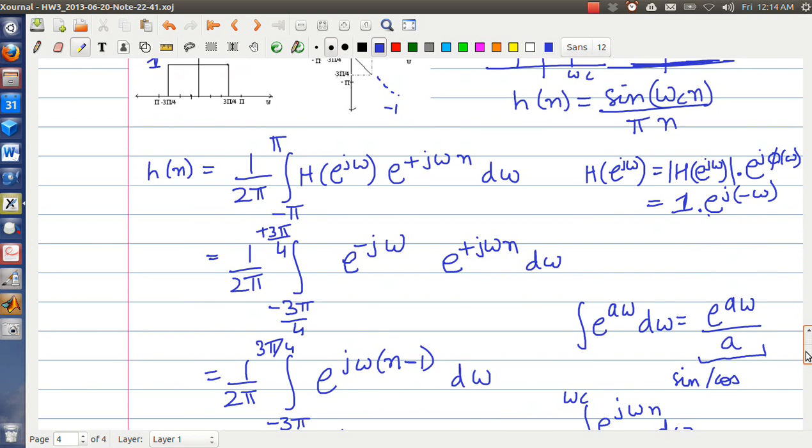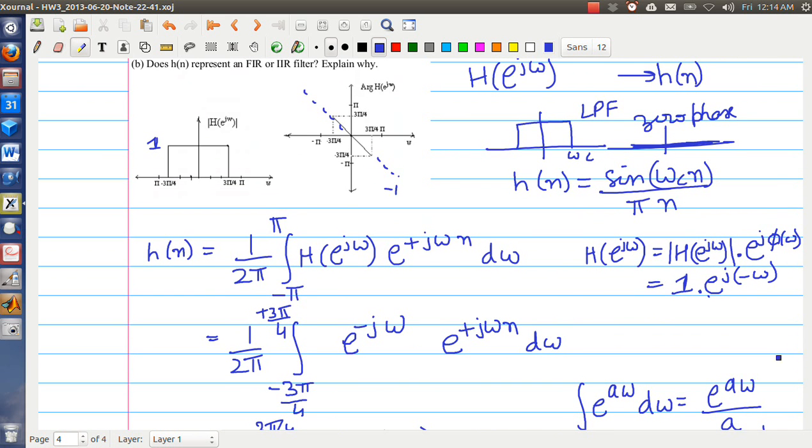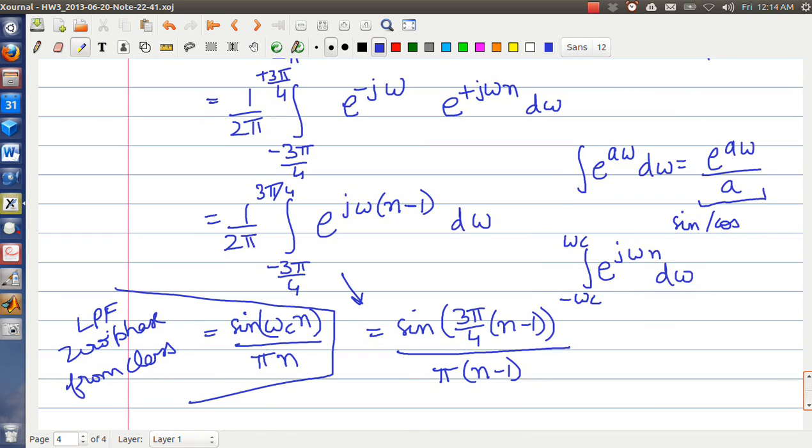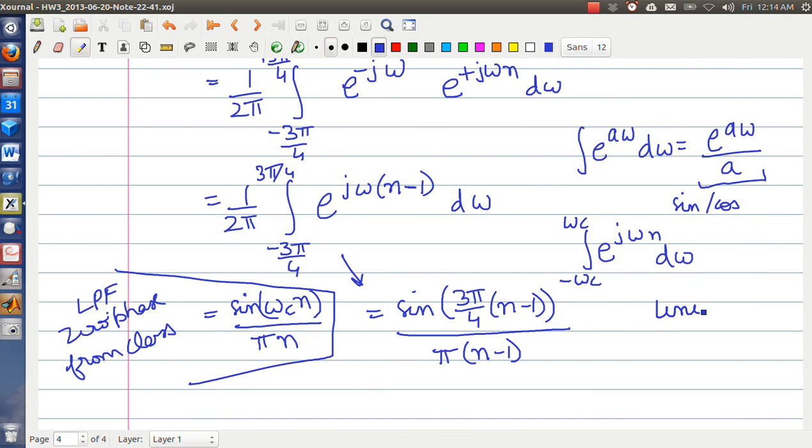and this is very consistent with, if you remember, we studied something called linear phase, where the phase was −ω n_d, where this was supposed to be the delay of the filter.